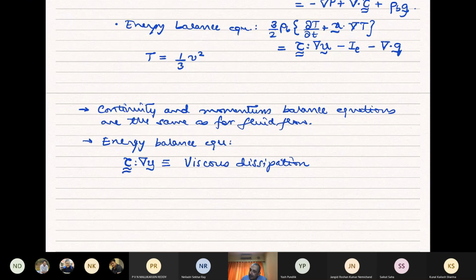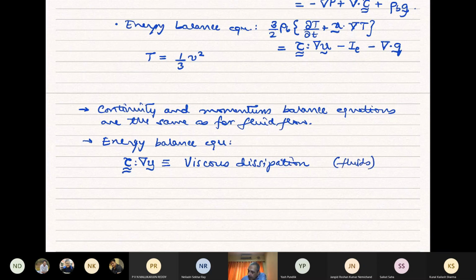So this is the increase in temperature due to the shearing of the fluid. And similarly for a granular material, when you shear it with a mean velocity U, then the fluctuation kinetic energy increases, or the granular temperature increases. So this is the term due to viscous dissipation. This is also there in fluids.